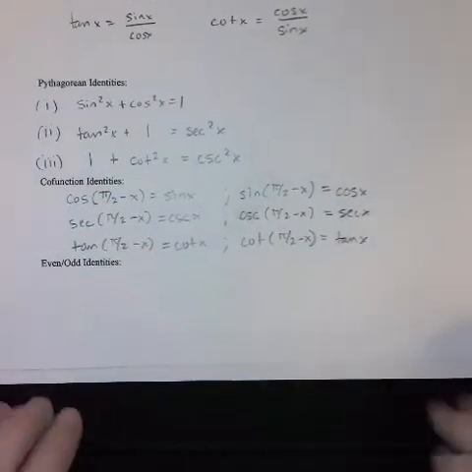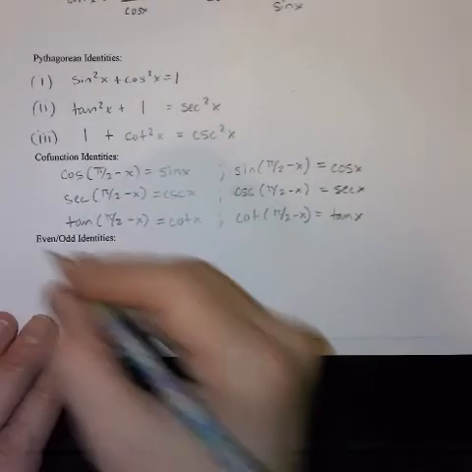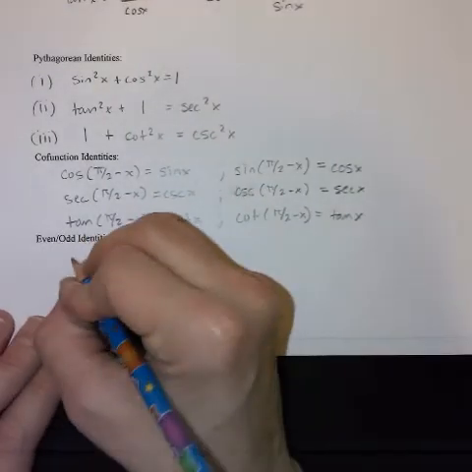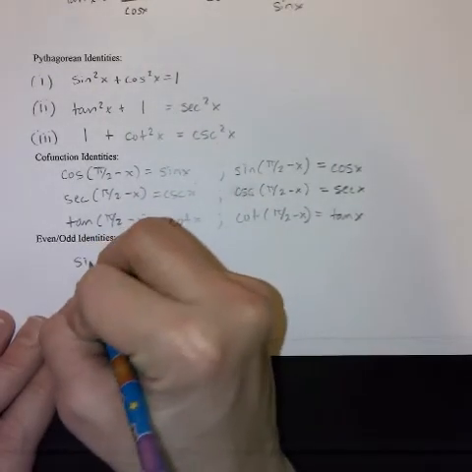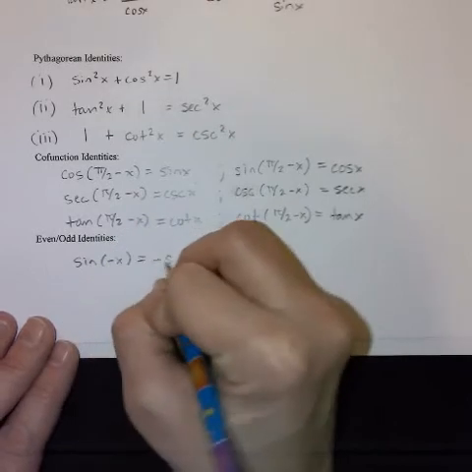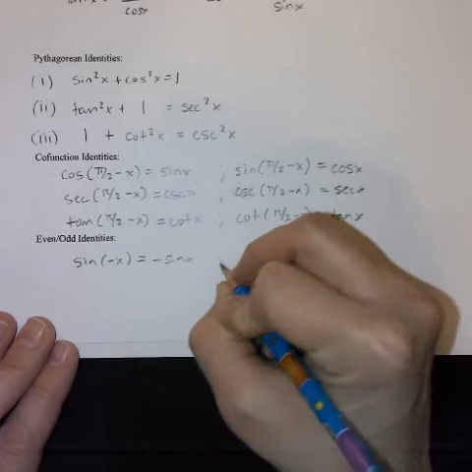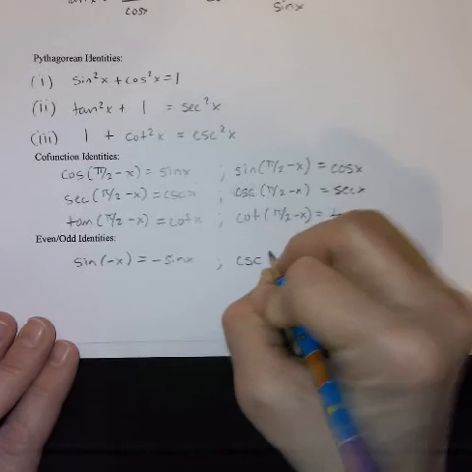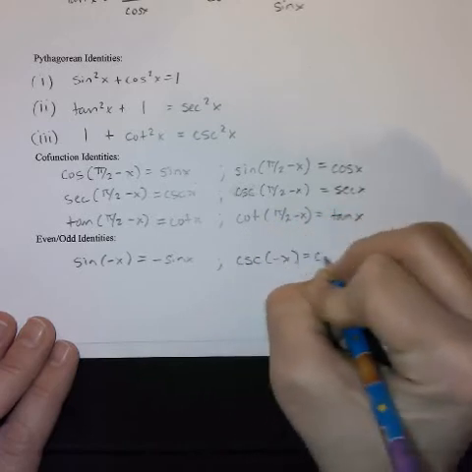And then, just for completion, let's review the even-odd identities. So recall that sine is an odd function, so sine of negative x equals negative sine x, and therefore cosecant is as well. Its reciprocal. Whoops, there should be a negative in front of there.